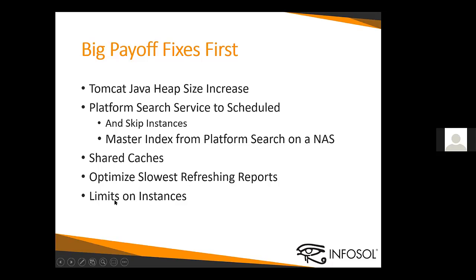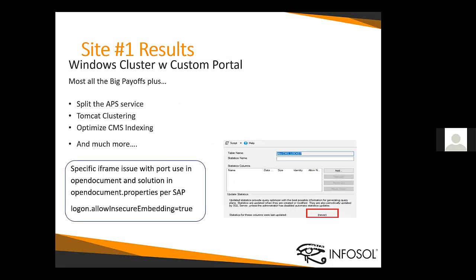Optimize, we already talked about. Limits on instances. Your instances may be bogging your CMS down. This is one of the things that often we see, and I'm going to go to the next slide because I have it on screen. If we see a CMS that is super slow, sometimes it's a result of the repository used to be really small and now it's really big.